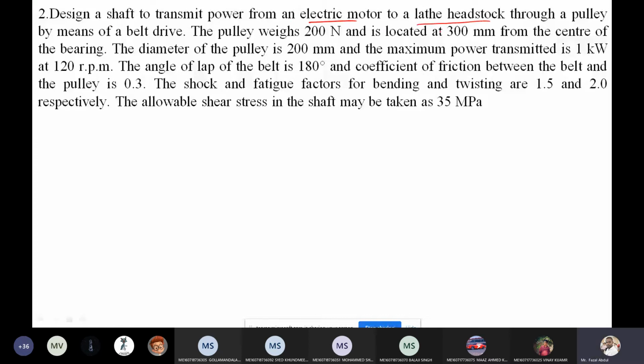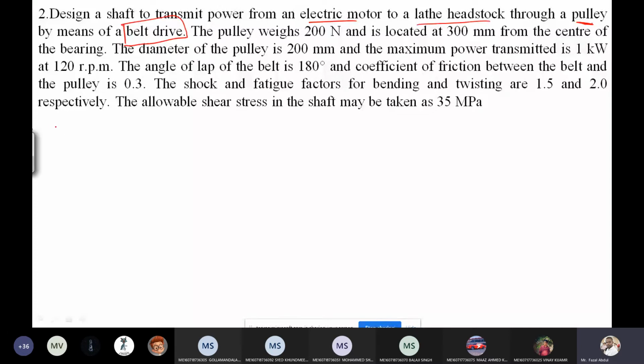One lathe machine is there, running with the help of an electric motor through a pulley. A pulley means a belt drive system is given in the problem. The pulley weight is given as 200 newtons.